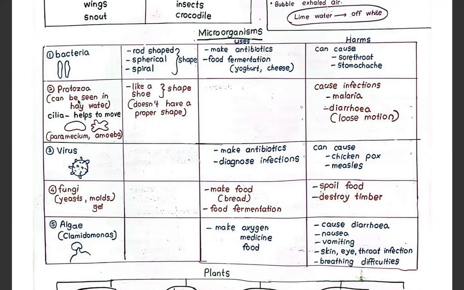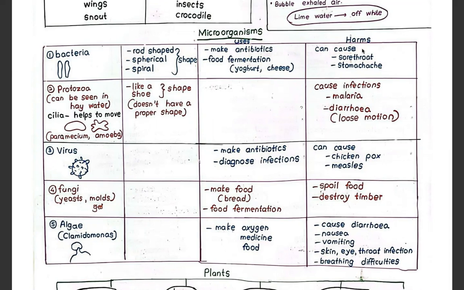We have two types of protozoa, that is paramecium and amoeba. Paramecium is like a shoe, it's the shape of a shoe. And amoeba doesn't have a proper shape.